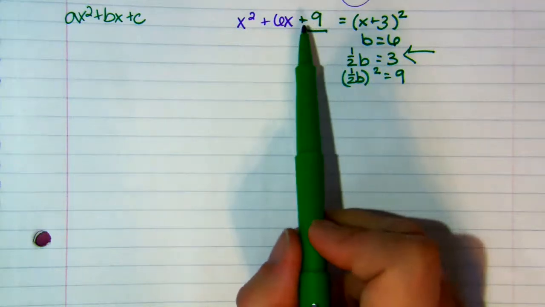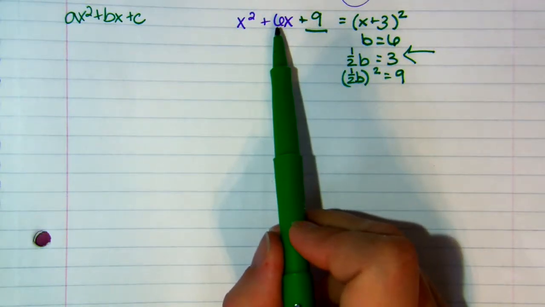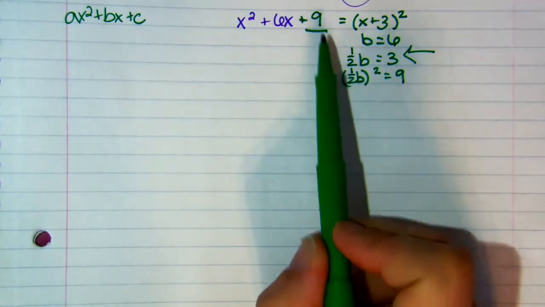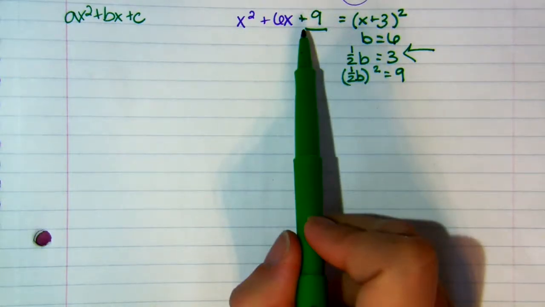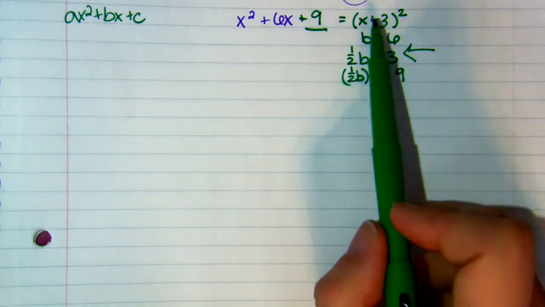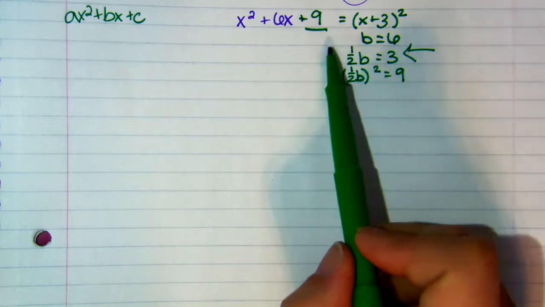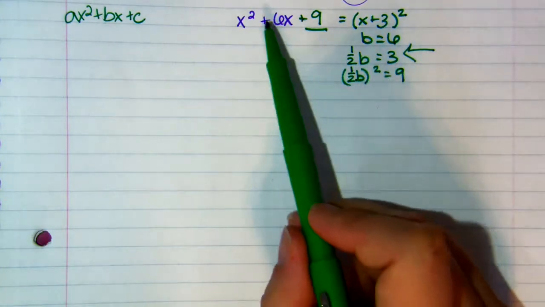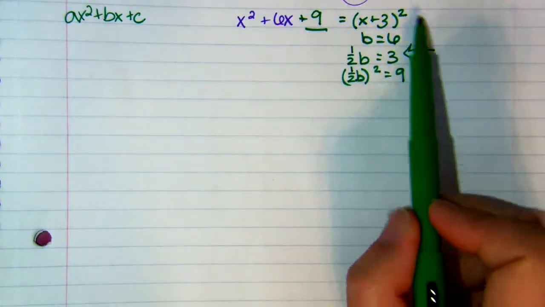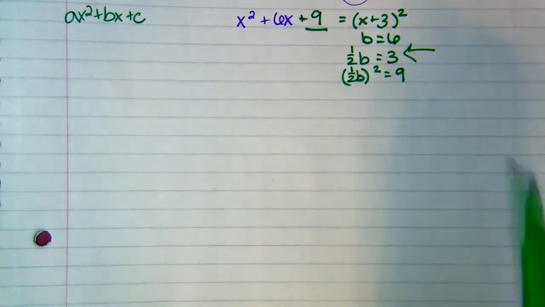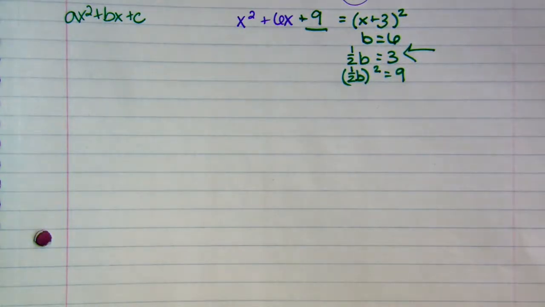So I found what b was, I took half of it, I squared it, that told me what my last term needed to be to complete the square, and then to factor it, I used this intermediate step. It was just half of my middle term that gets put in the parentheses when it's in factored form. So don't worry, we'll do a couple of these.